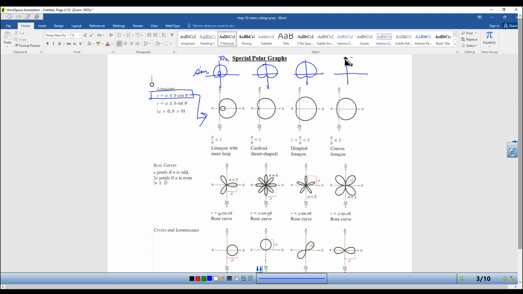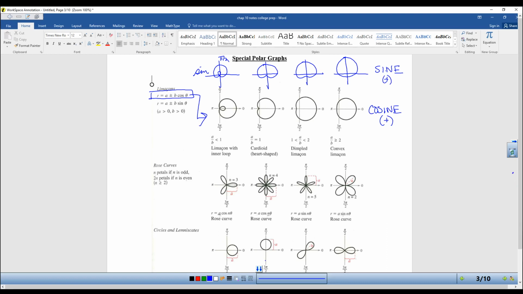And then this one would end up looking like this. So be really careful. This entire row is cosine, and they would all be on the pi halves axis if they were sine. Actually, this is specifically positive sine, and this is positive cosine. Negative would flip all of these upside down and would flip all of these over.